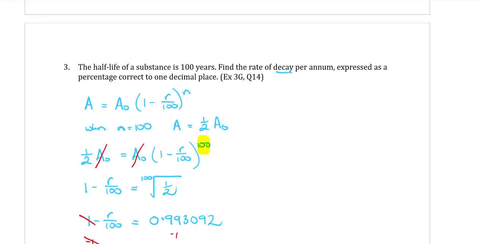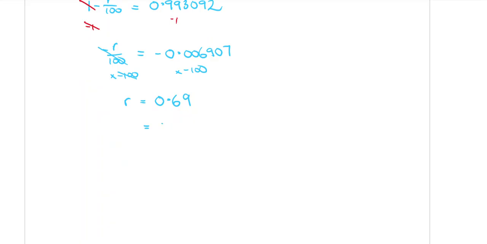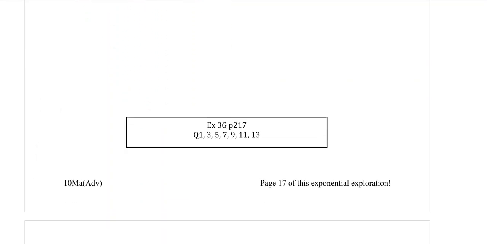Looking back at the question, it does say the final answer needs to be to 1 decimal place. So I'm going to round that to be 0.7, and that already is the percentage because remember that we had the divide by 100 in the formula, so that is 0.7%. All right, now I need to do exercise 3G.